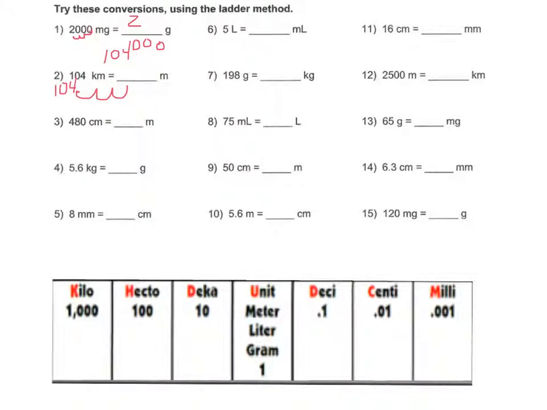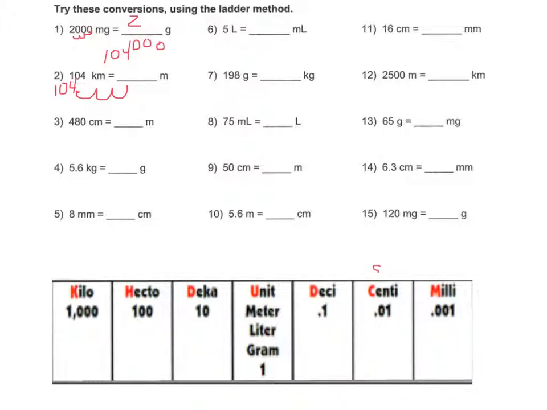Now let's look at number 3. With number 3, we have 480 centimeters, and we're going to convert that over to meters. So again, we're going to find our centimeters, and we have centimeters located right here.